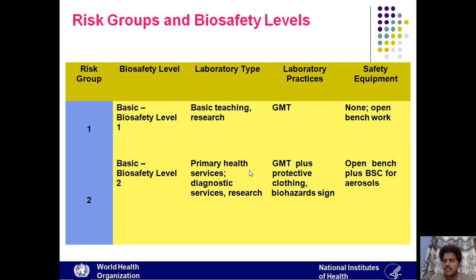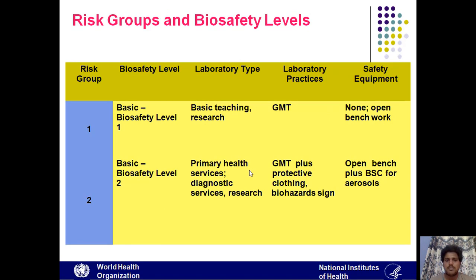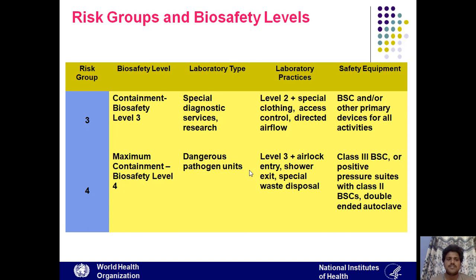Right. Then coming to biosafety level 3, containment biosafety level 3. The previous ones are basic biosafety level 1 and basic biosafety level 2. The third one is containment biosafety level 3. The laboratory type is meant for special diagnostic services and research.